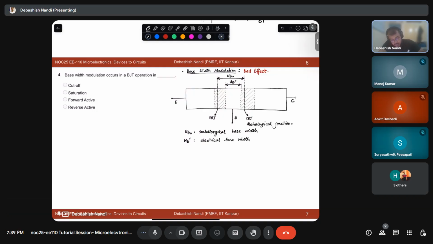Fine. Now why is the electrical base width important?